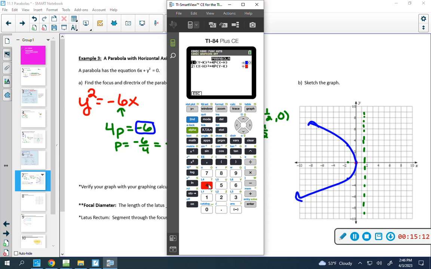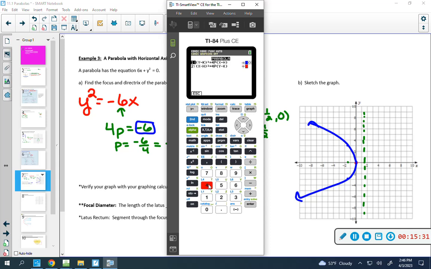Now, you can see the choices are so tiny, like the top is the horizontal, the bottom is the vertical. So we have the horizontal one, so I want that top equation. Now, notice they've got the h and k in there. Our h and k right now are 0, because that's the vertex. We're at the origin. It will change eventually.